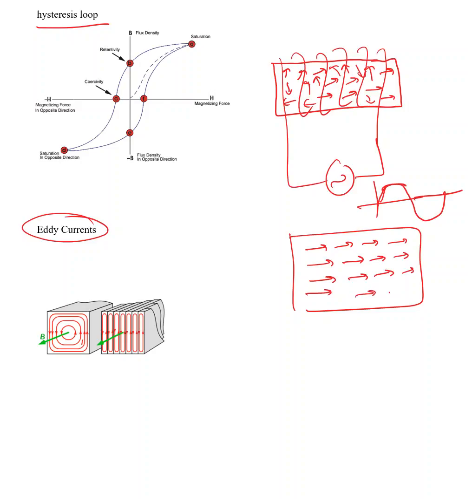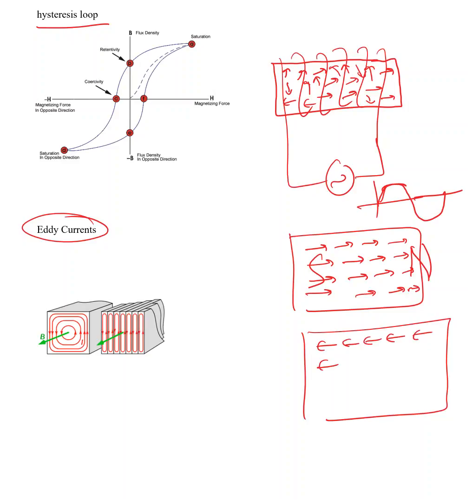Here this is going to be the north pole, this is going to be the south pole. For the next half cycle, those magnets have to turn in the reverse direction, and now this is north pole, this is south pole.